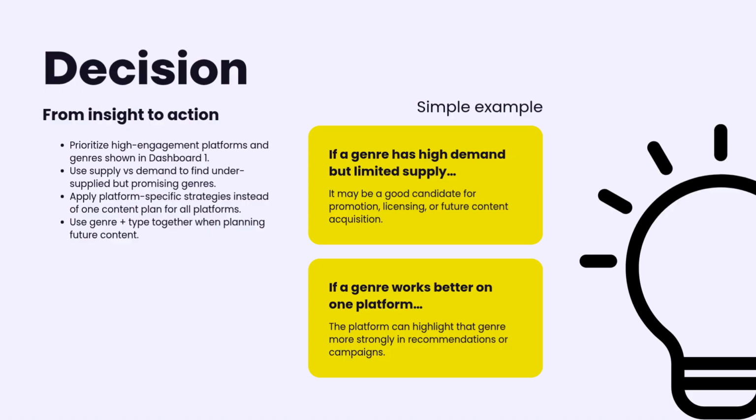From dashboard 1, the business can identify strong platforms and genres, and dashboard 2 can find undersupplied but promising content areas. The key idea is to use a platform-specific strategy instead of one content plan for all the platforms.